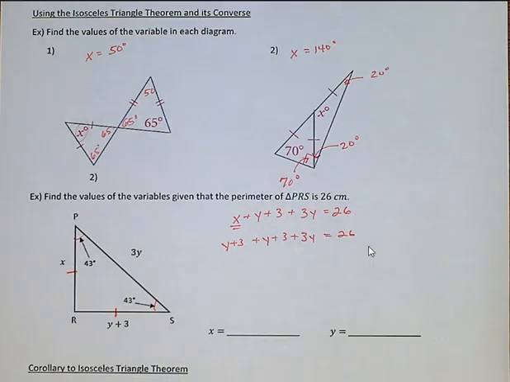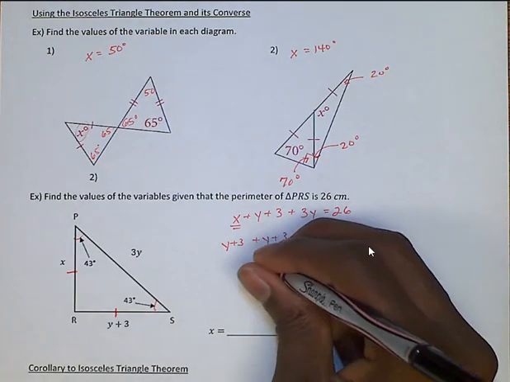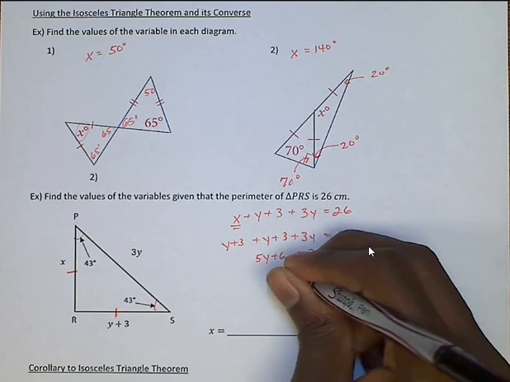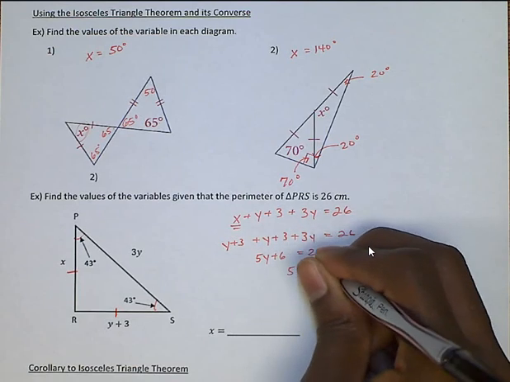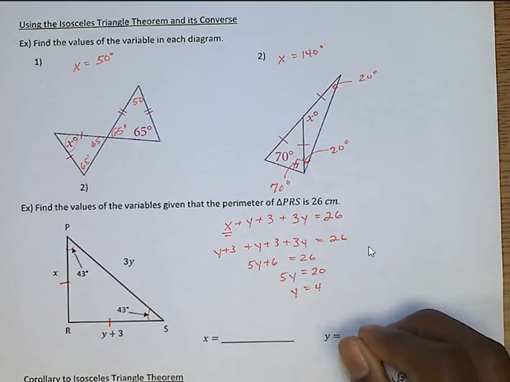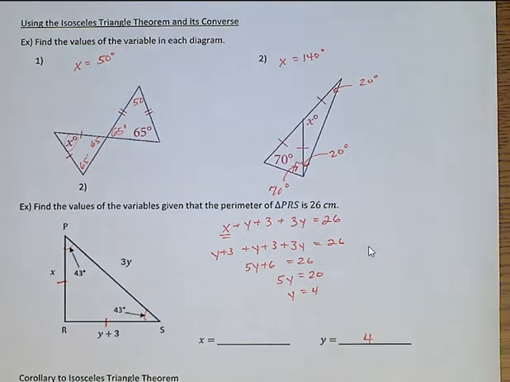And now we can see what y is. So I have 5y plus 6 equals 26. That makes 5y 20. And that makes y 4. Once I can find that y is 4, I already had an equation that we used.